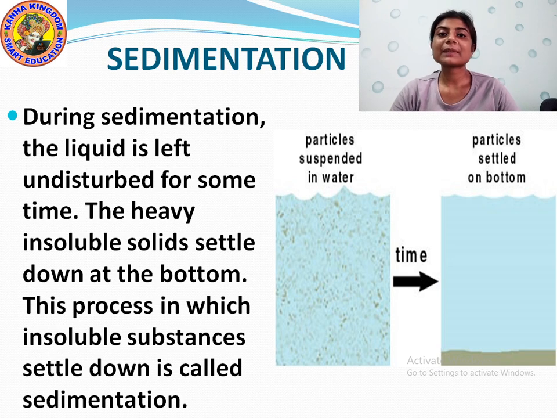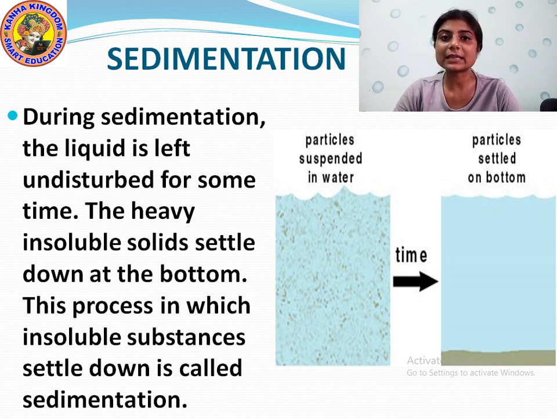We keep that container undisturbed. That means we do not move that container and keep it aside in a place for some time. Later, what do you see? The sand particles settle down, leaving the clean water behind. The clean water is on the top and all the sand particles have settled down.